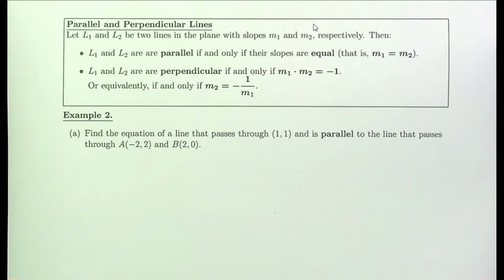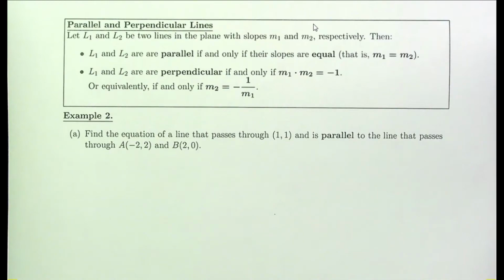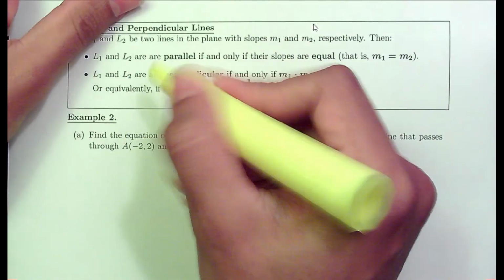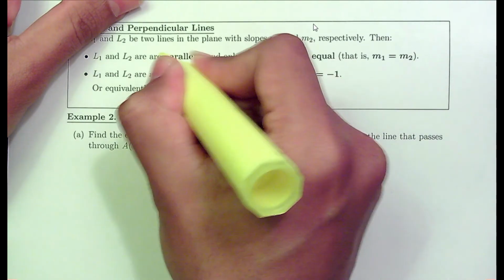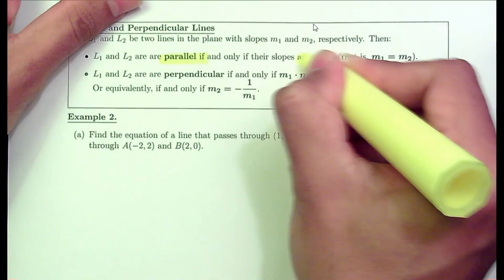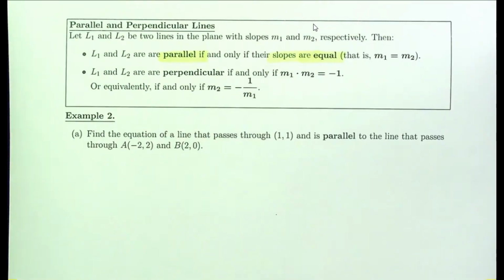While working with lines, we should also say something about parallel and perpendicular lines. So there's this basic fact that you should know about parallel and perpendicular lines, which is as follows. Parallel lines, because they have the exact same inclination, are going to have equal slopes.